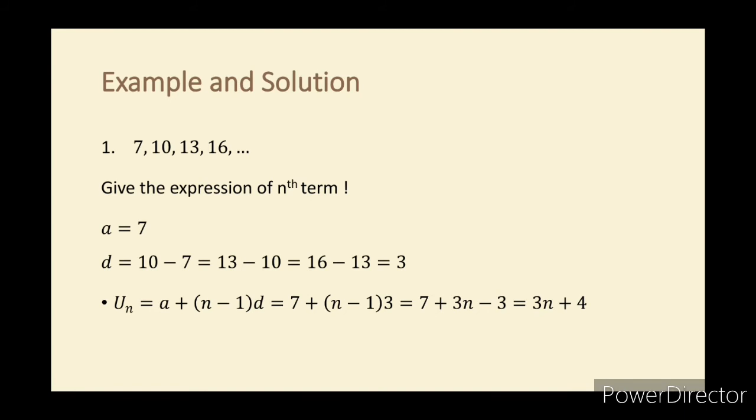So the answer: Un equals a plus (n minus 1) times d equals 7 plus (n minus 1) times 3 equals 7 plus 3n minus 3 equals 3n plus 4.